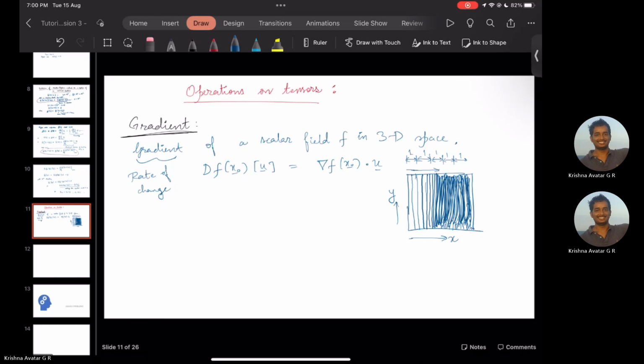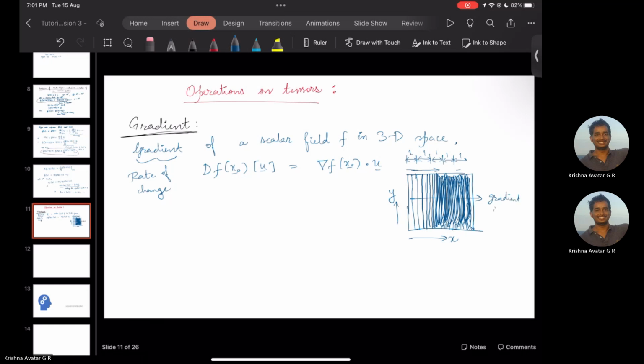So there is some gradient that we are seeing. Just try to imbibe the idea from here. As we progress along the x direction, we find that the number density of vertical bars keeps on increasing, which means there is a gradient in this direction.